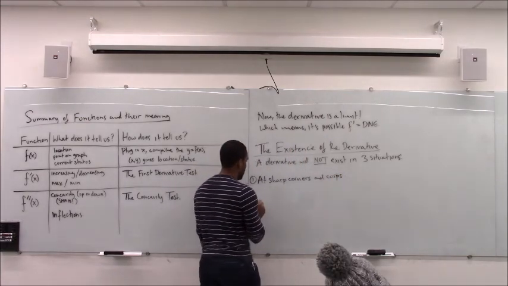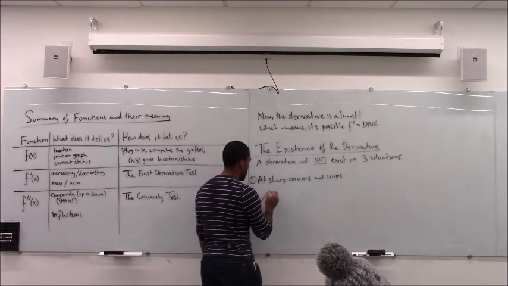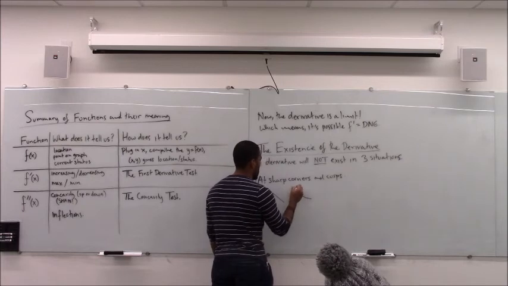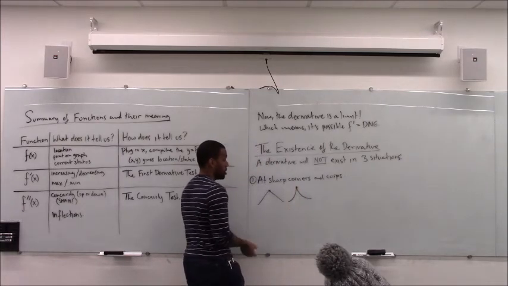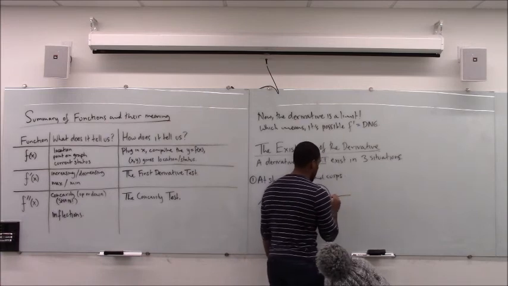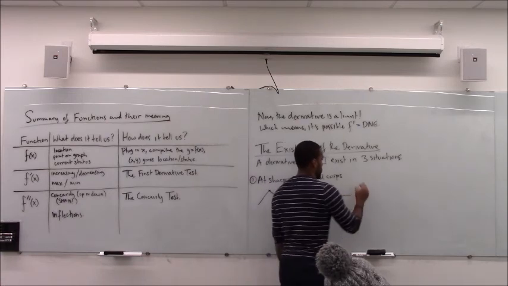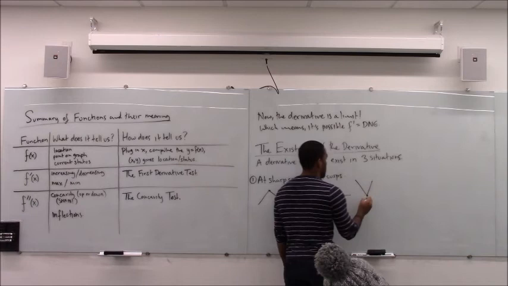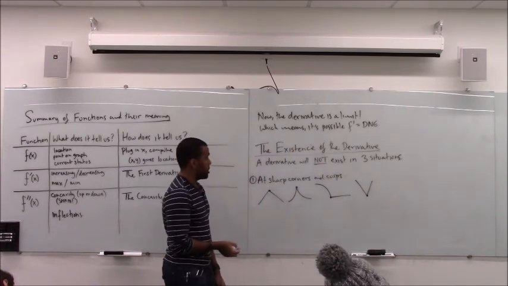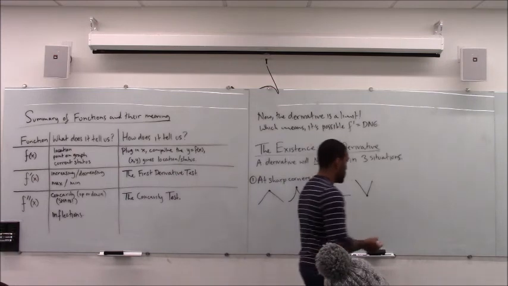So if you look like this, or like this, so that would be called a cusp, or like that. Right? So at all these points here, you actually can't find a derivative. So at sharp corners, you actually can't find a derivative.